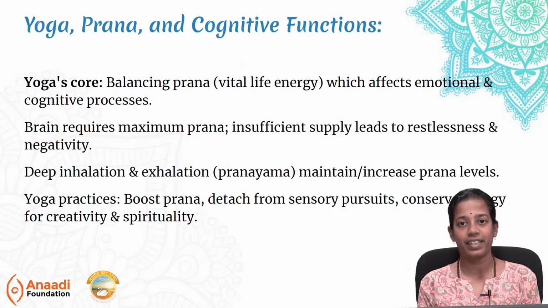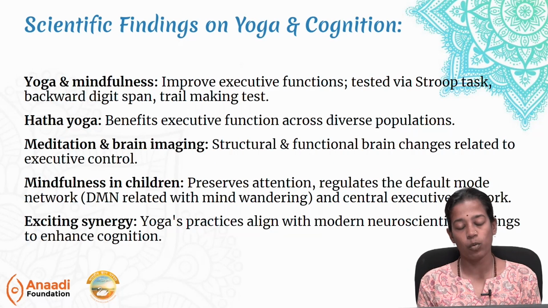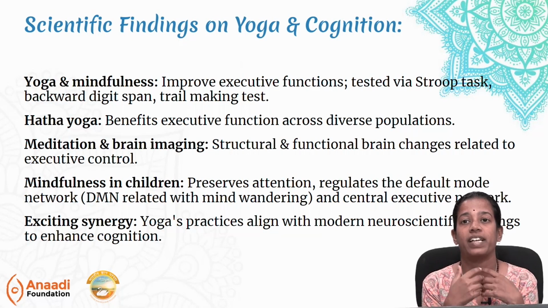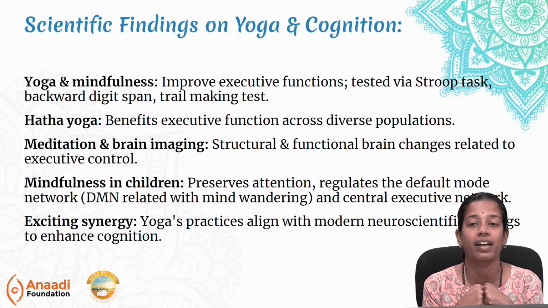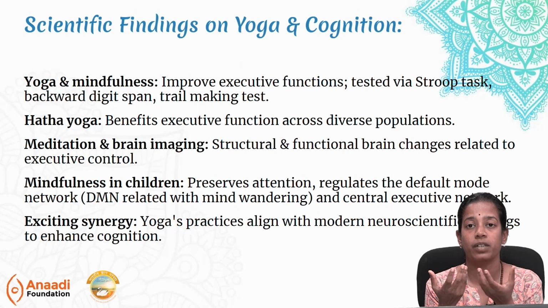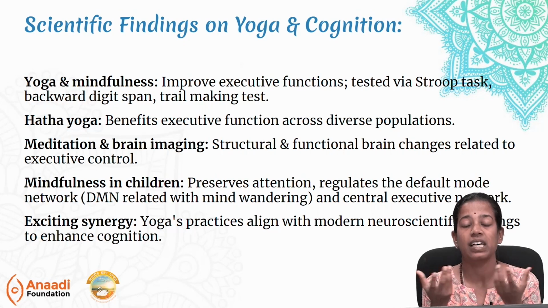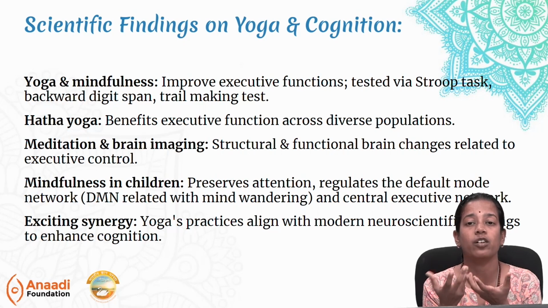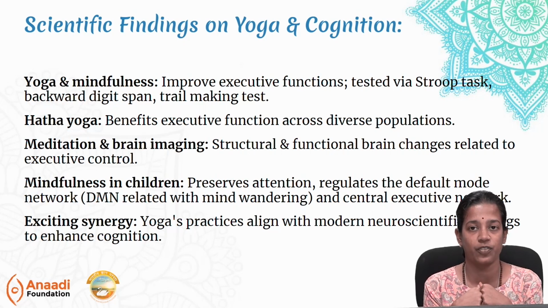Now, let us understand some more research findings with respect to yoga and cognition. We previously saw how neuroscience and yoga as a discipline, as a science, were able to feed into each other's research pursuits. Now, we will see how yoga and cognition fare in the research field.